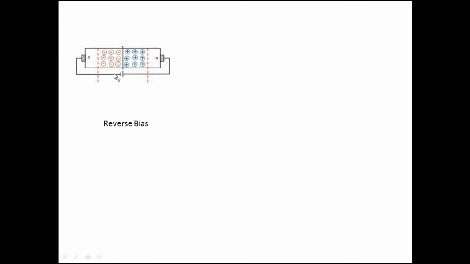This connection is called reverse bias: the anode is connected to negative and the cathode is connected to positive. Since the space charge region increases, no charge flow will happen, meaning there is no current flow under this condition.